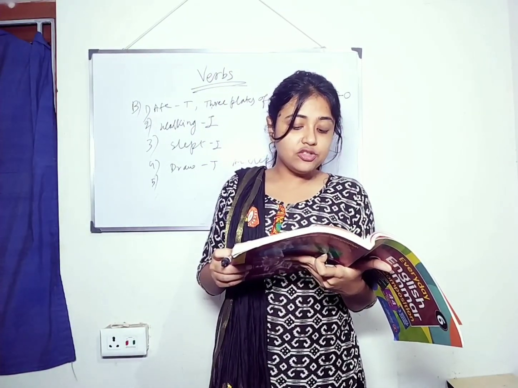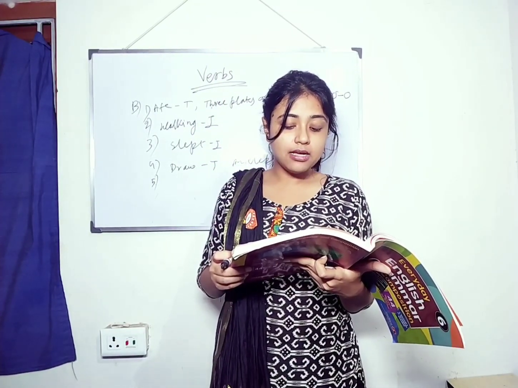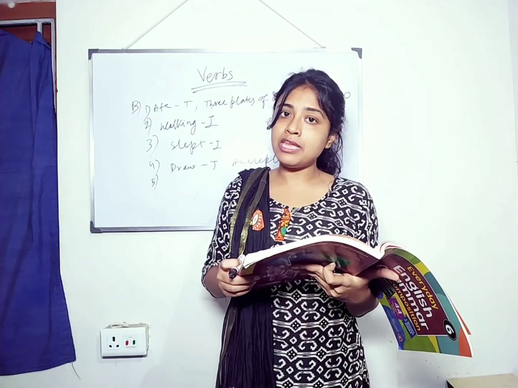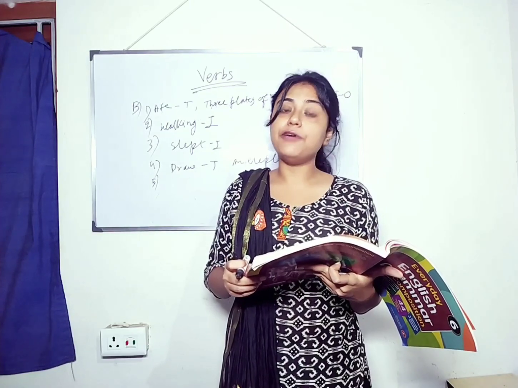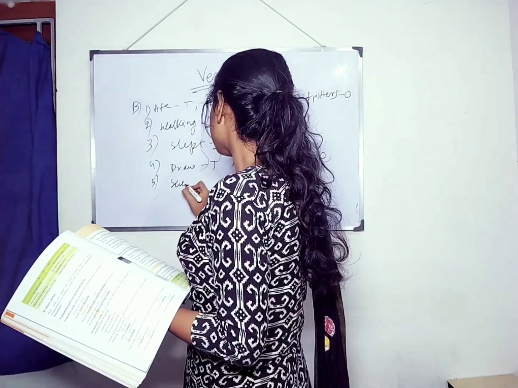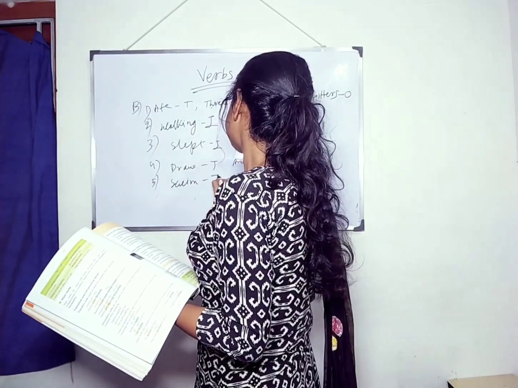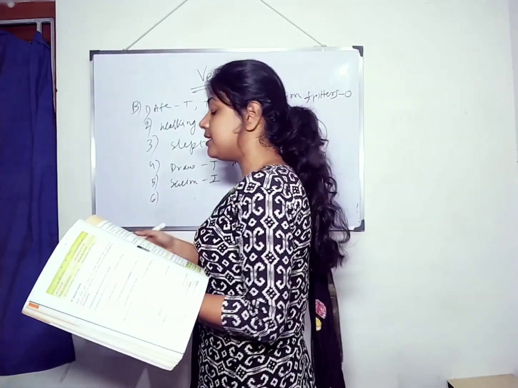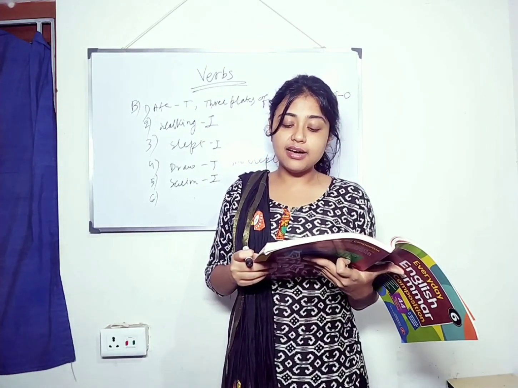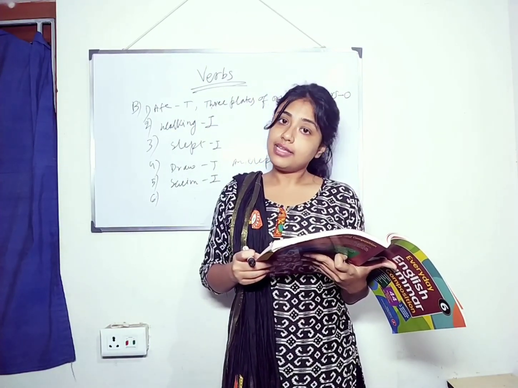Number 5. No one can swim in the lake in winter. Swim is the main verb. In the lake in winter, no object. So swim will be intransitive. Number 6. How can you start the car without the key?